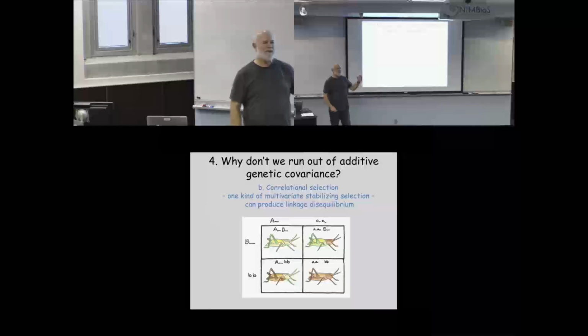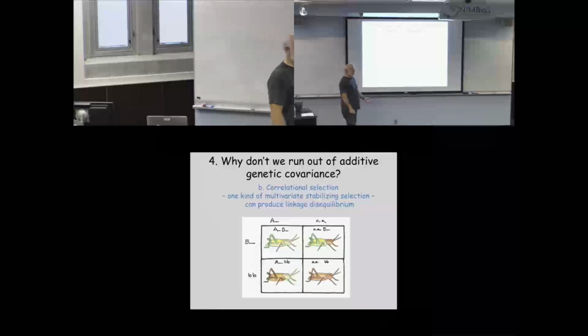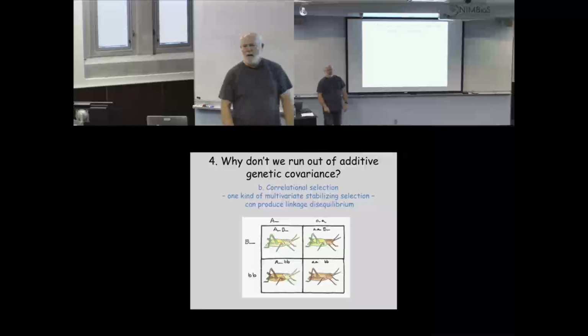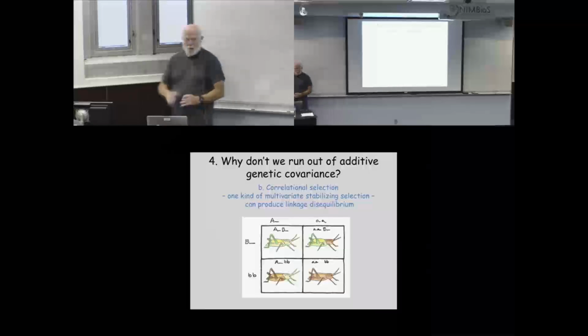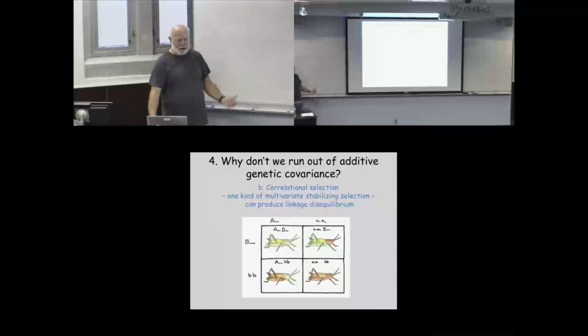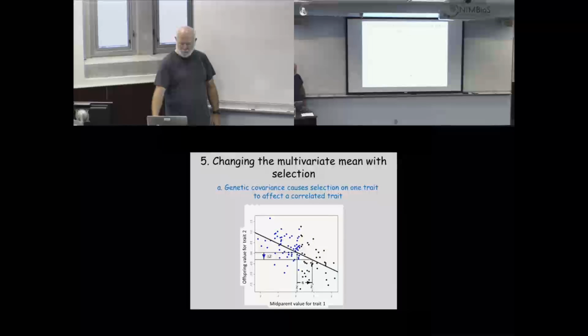Those are sometimes called super genes, little packed genes that produce alternative morphs. So that's one way, and sometimes when you look at traits, it's plausible that the genetic correlation you observe might be produced by linkage disequilibrium arising from this kind of selection.